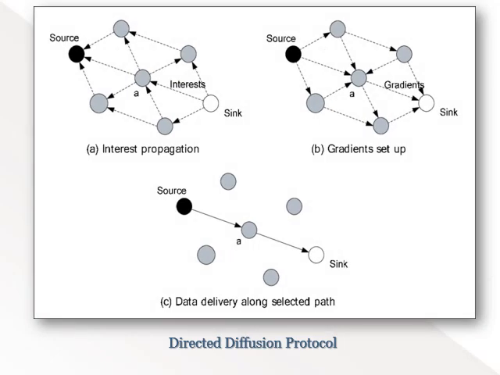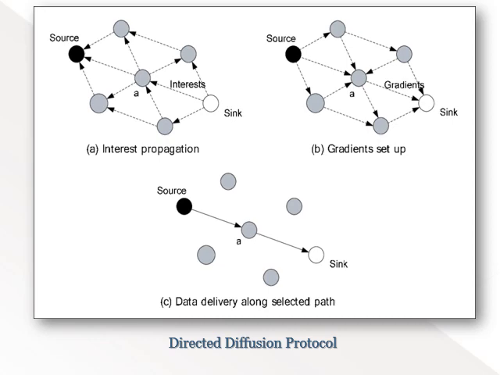In the following figure A, termed interest propagation, the sink node sends out the interest message to all its neighboring nodes related to the acquisition of data, unlike the SPIN protocol where the source node advertises the data information.